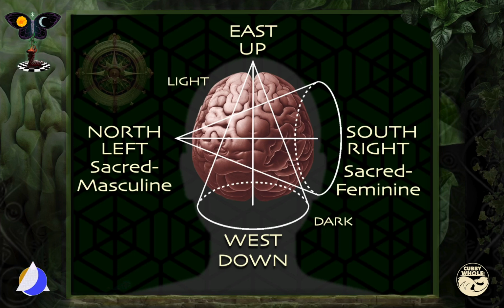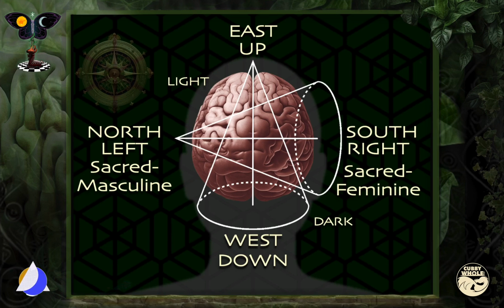The north is associated with the sacred masculine. And then the base or oval part on the right, it's really a circle. It's supposed to be a circle, but it's about understanding it's circular. And this is associated with south, which is associated with the sacred feminine. Okay. So this is what we all have been taught.